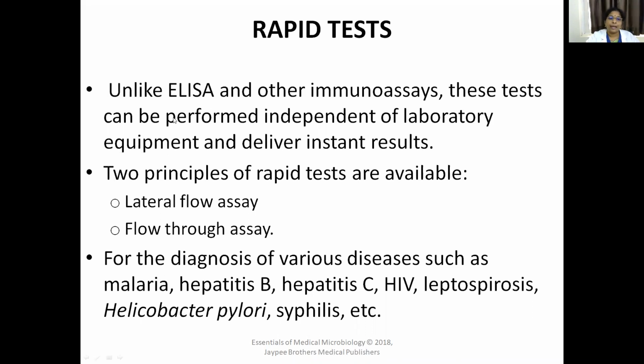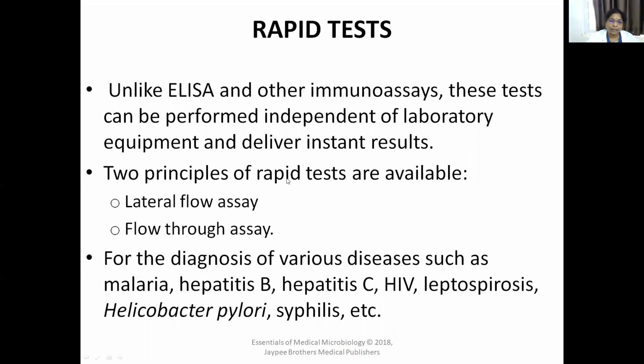So unlike ELISA, there are other immunoassays, that means these rapid tests, which can be performed independent of lab equipment and deliver instant results. They give results within half an hour, and equipment is not required. Only the test kits are required for performing the test.